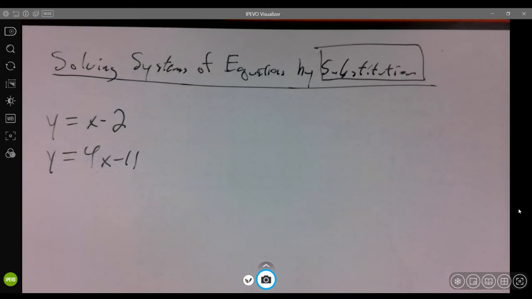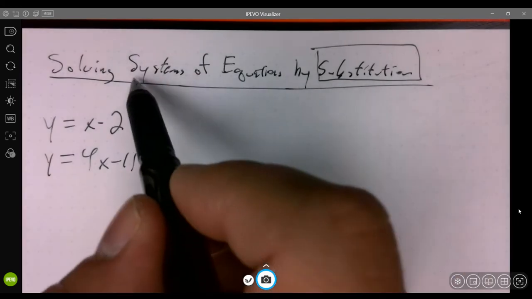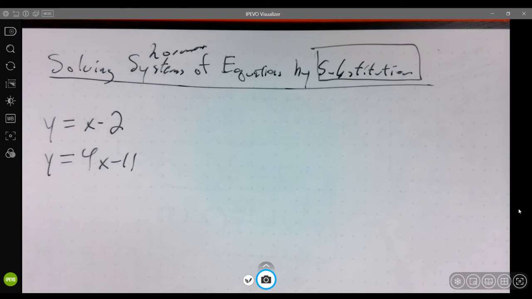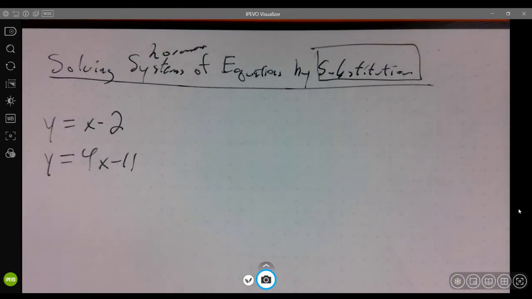So substitution, we have a couple of steps. You have a system, meaning two or more equations. Usually it's going to be two almost every time.